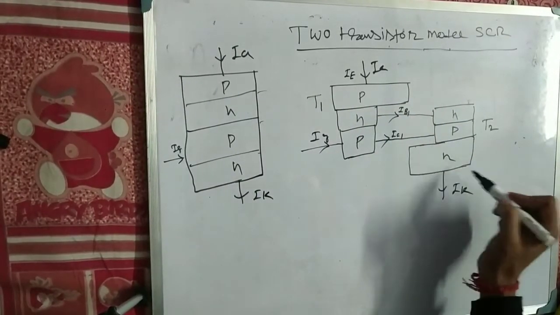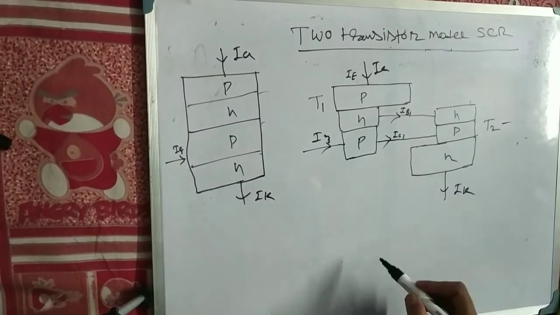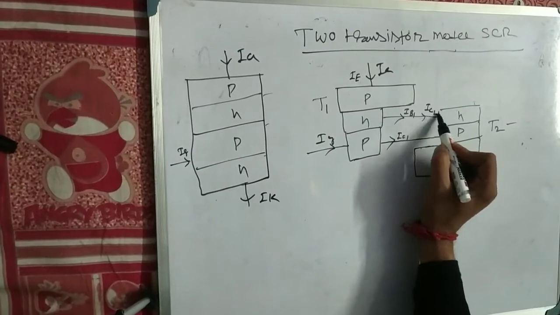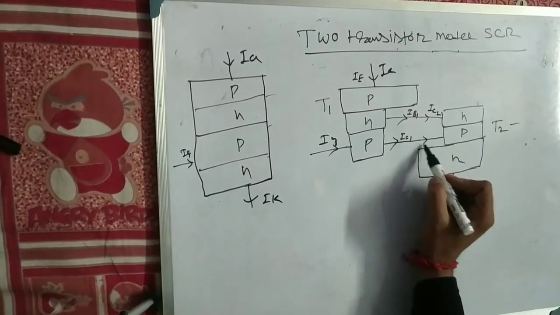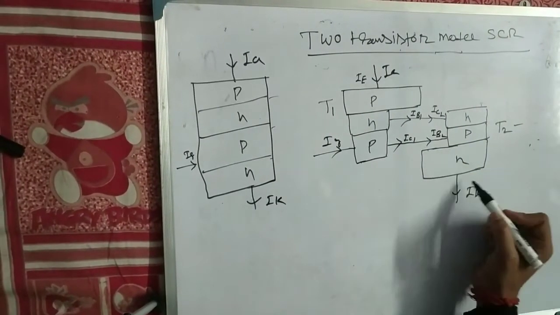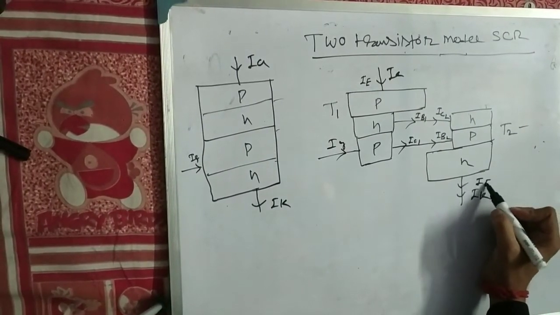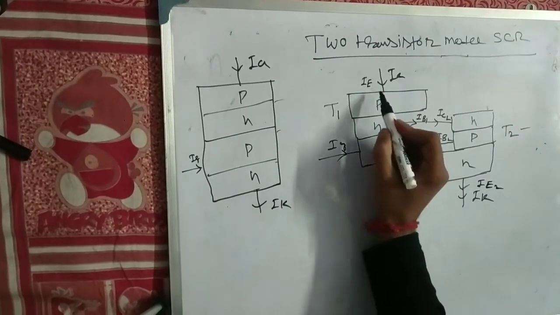For the NPN transistor, transistor 2, this is the collector current IC2, this is the base current IB2, and this is the emitter current IE2. This is IE1.